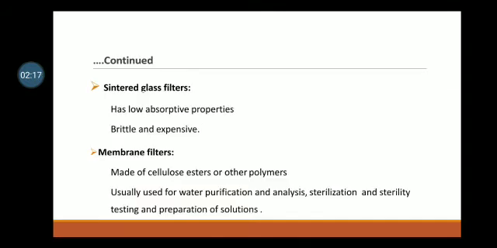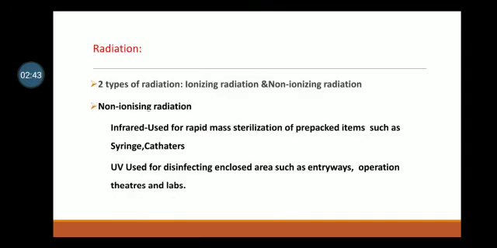Then sintered glass filters have low absorptive properties, and they are also brittle and expensive. Then membrane filters are made up of cellulose esters or other polymers, usually used for water purification and analysis, sterilization and sterility testing, and preparation of solutions.